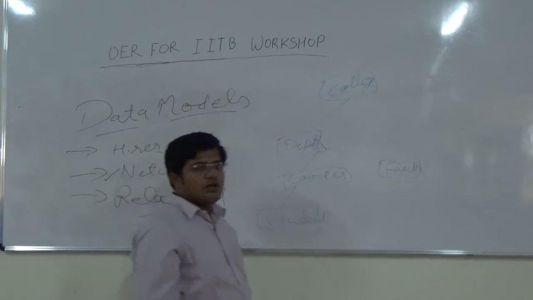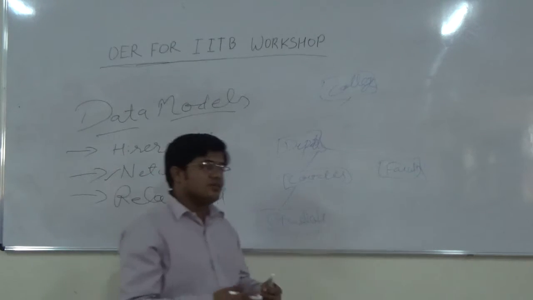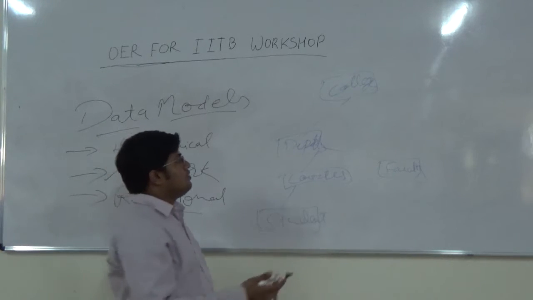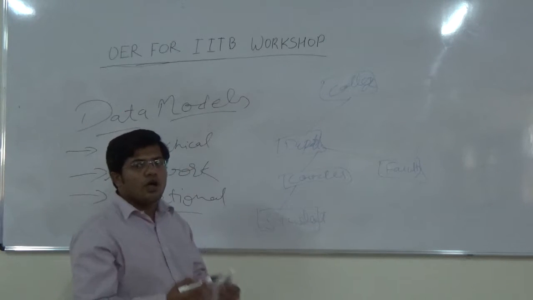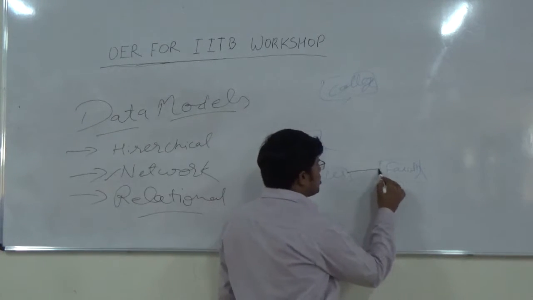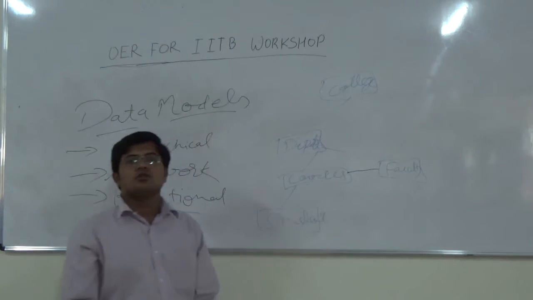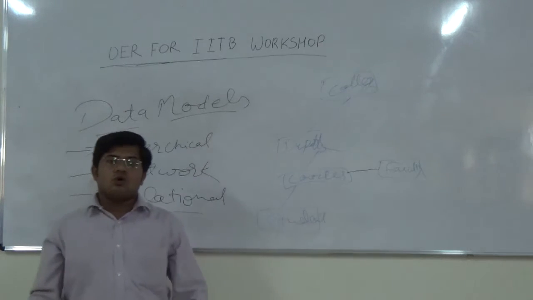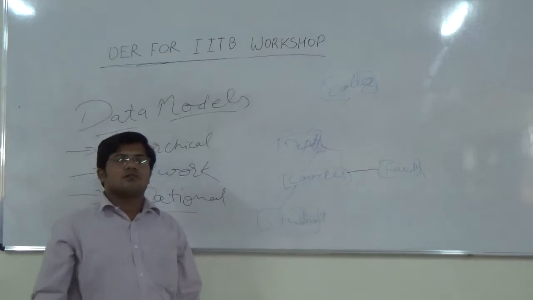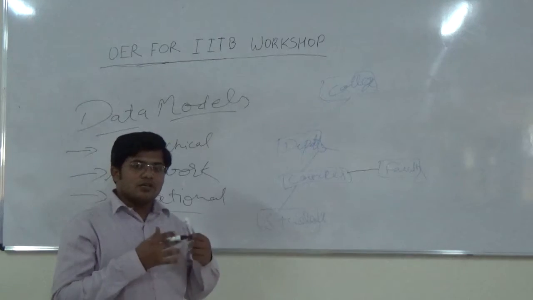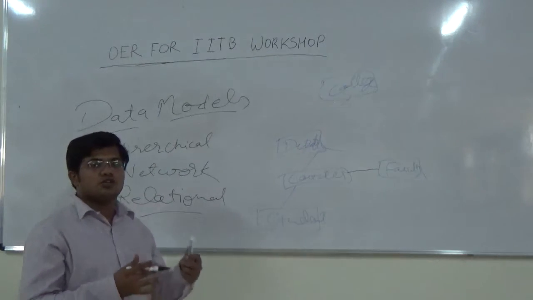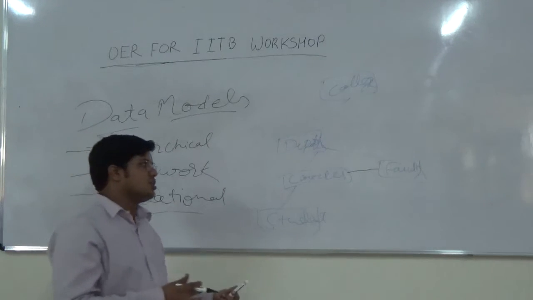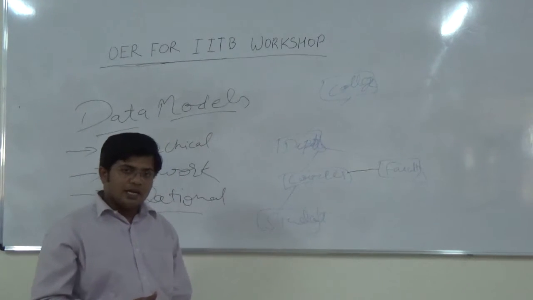In the network model, when we talk about the faculty, courses also have a dependency on the faculty. To represent the network model, we go for a graphical representation of a particular relation.